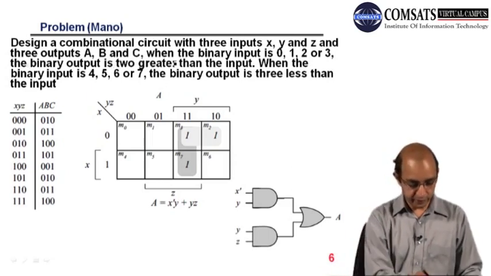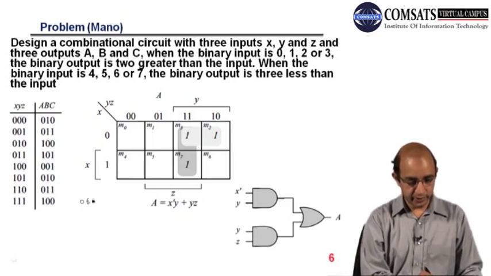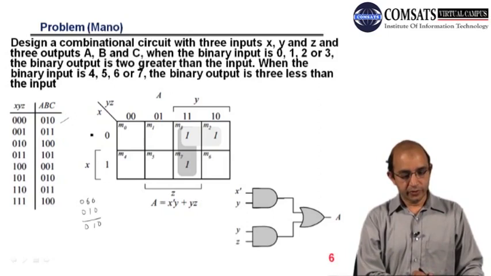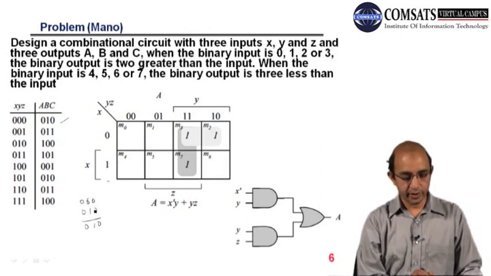So if I have 0, 0 over here, this is 0, so this is 2. You can see that in front of 0 we have this value, because the output is 2 greater than the input. The input is 0, 0, so to make it 2 greater we have to add a binary 2.